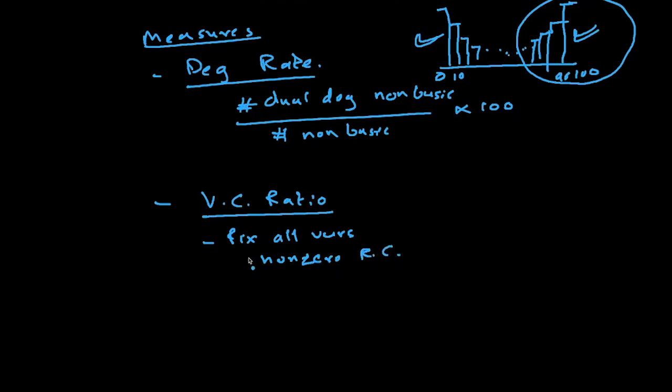So which variables have non-zero reduced cost? All the non-basic variables can have non-zero reduced cost, and we are going to fix all of them to whatever value they are taking, at whatever bounds they are at. All the basic variables have zero reduced cost, so they are still free, and the dual degenerate non-basic variables are also left free.